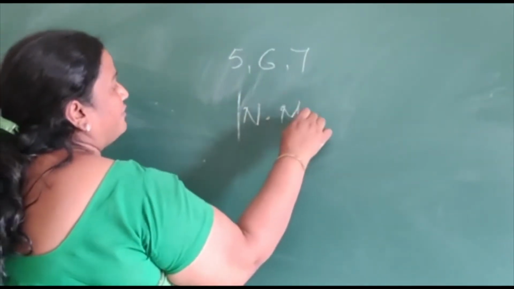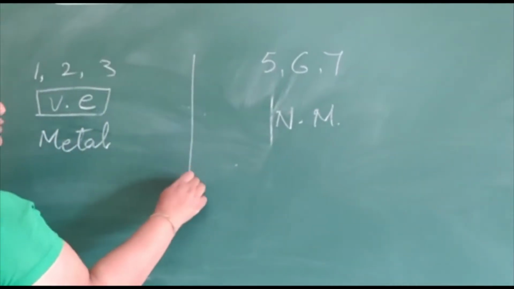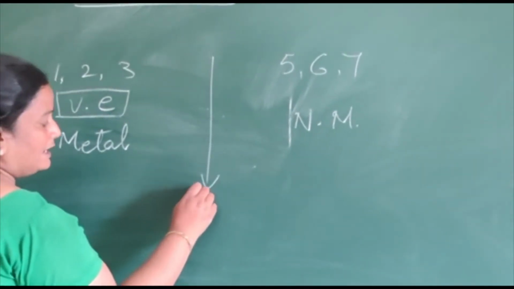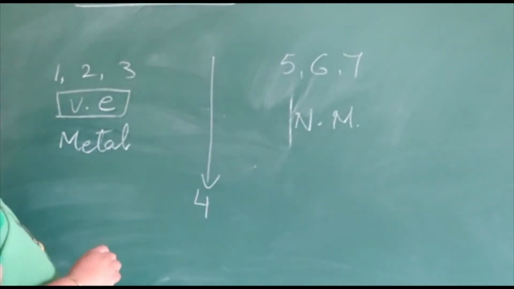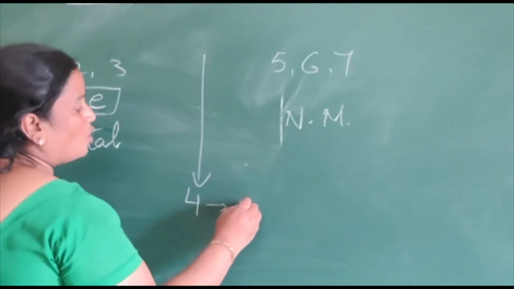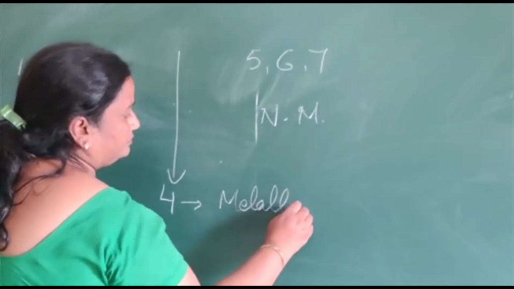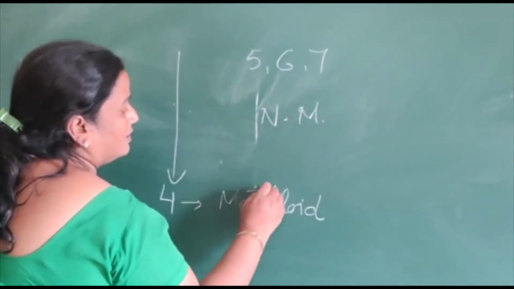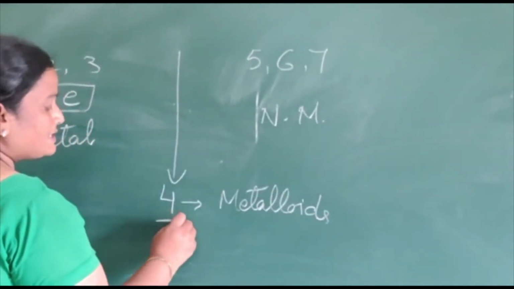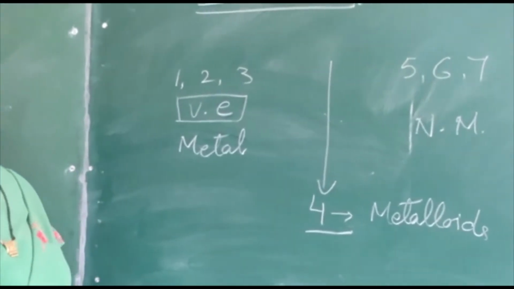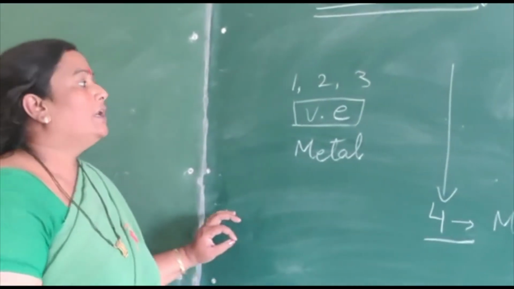But I left one important thing, that is 4. The element which has 4 valence electrons is called a metalloid. Sometimes it behaves like both a metal and a non-metal.